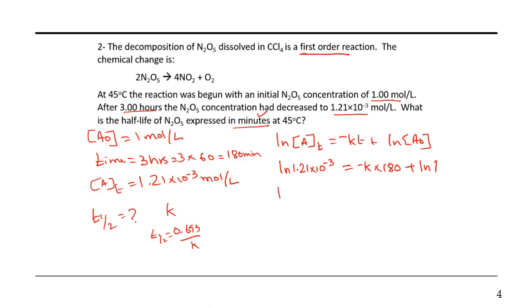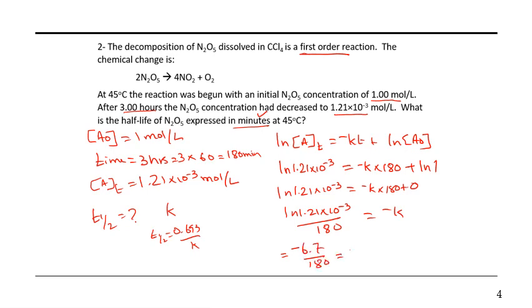And log 1 is 0, right? So then log 1.21 times 10 to the power negative 3 divided by 180 will give negative k. So we have negative 6.7 divided by 180, which equals 0.037. That is our k value.